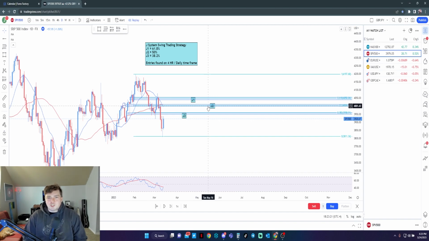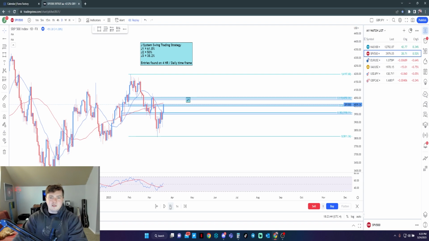There's not just structure at J1, there's not just structure at J2, there's not just structure at J3. What I want to do is I want to go for my favorite setup, the best setup. And for me, that's a J1. A 61.8% Fibonacci retracement is my absolute favorite trade setup. So I waited for a J1. So price came up, and I waited.